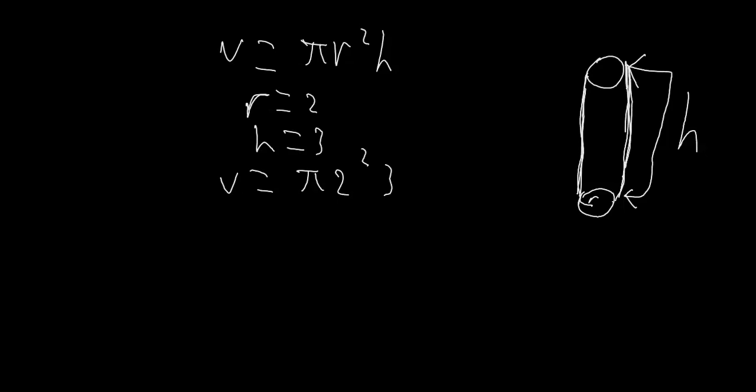And then we solve it. So 4 times 3, because 2 squared is 4, times pi, meaning our answer is 12 pi units cubed. Okay, and that's our answer.